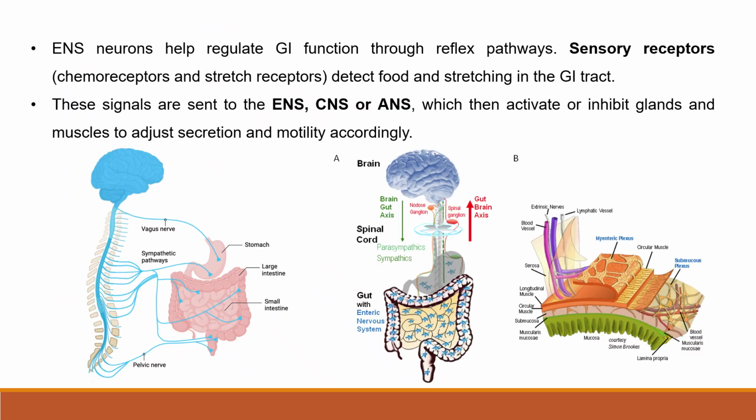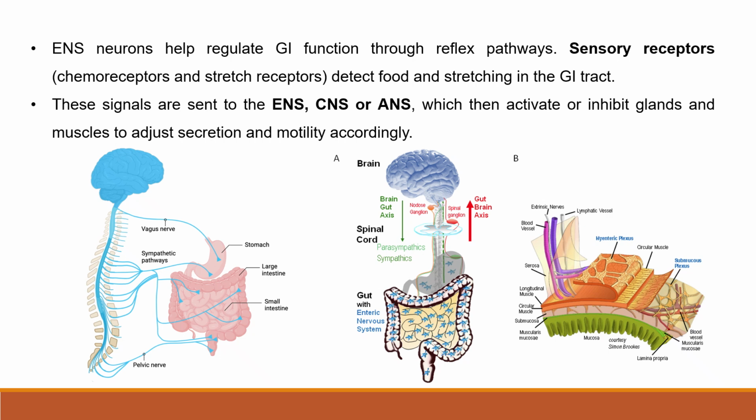Next I am going to discuss the reflex control of the digestive system. The enteric nervous system, or the ENS, regulates gastrointestinal functions through reflex pathways. Sensory receptors, which include chemoreceptors and stretch receptors, detect the presence of food and the stretching of the GI tract, that means the gastrointestinal tract.